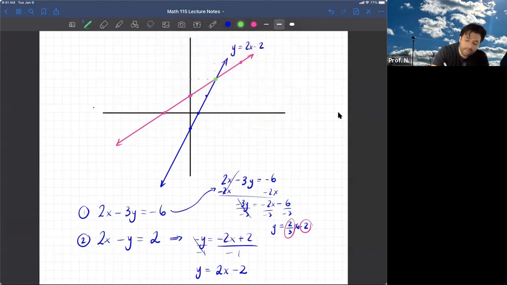What do I have here? I have my intersection. And what's the point of intersection? It's (3, 4). And that's my solution.